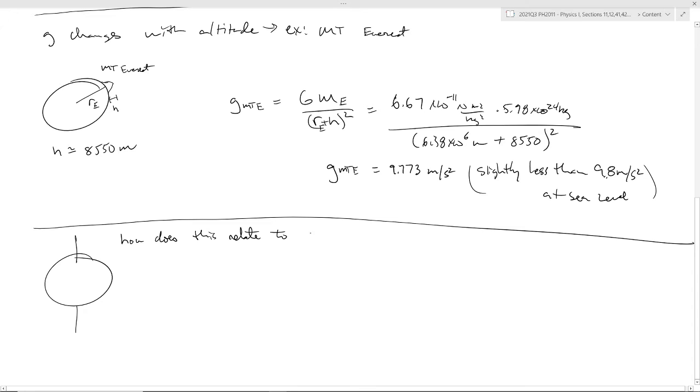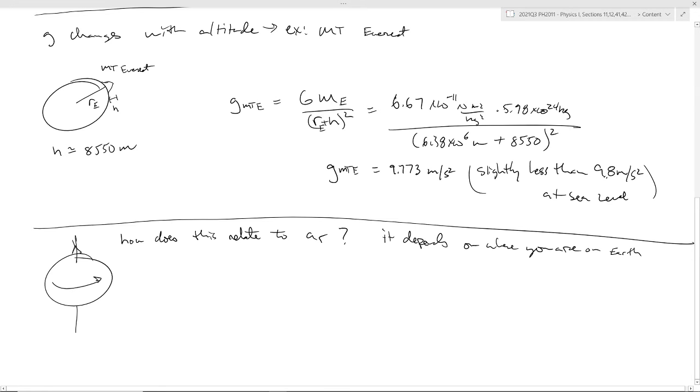The short answer is that a_R can modify this a little bit as well. So it depends actually where you are on the Earth. So as you know, the Earth is rotating around on its axis.